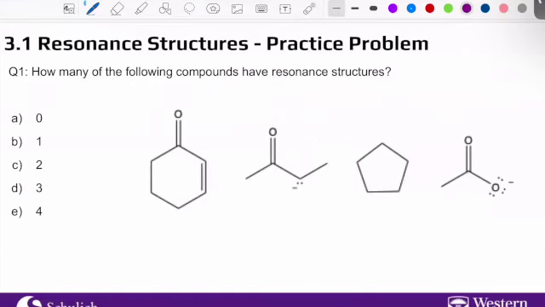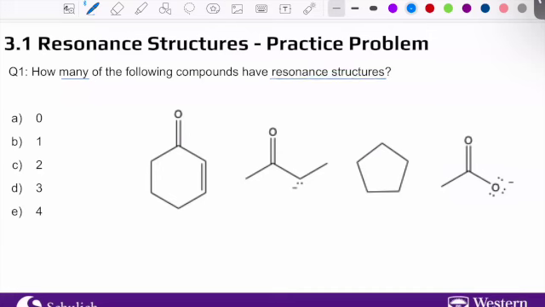Now, resonance structures, I think, are best identified with practice. So when we look at this question, it says how many of them have resonance structures?